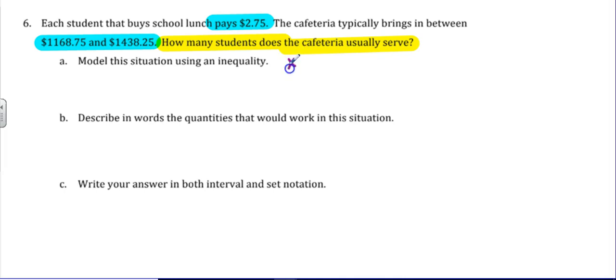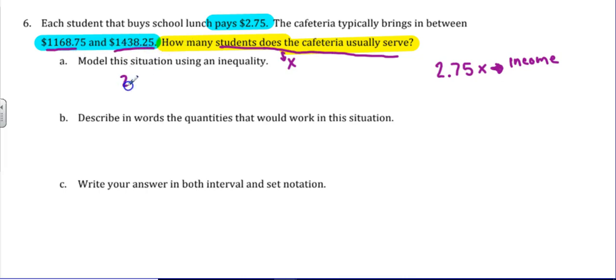So now let's identify our variable. So x here is what we need to find, and that's the number of students that the cafeteria serves. That's what x is representing. So if I have x and I multiply it by 2.75, then that would represent the cafeteria's income, the amount of money that the cafeteria is bringing in. So we know that the income is normally between these two values.